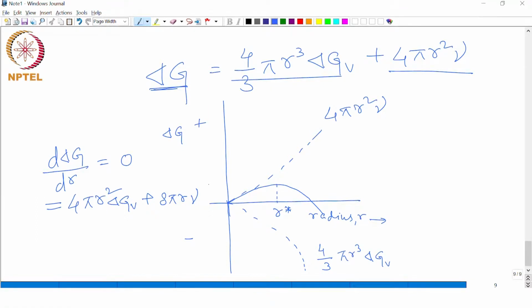So, this is equal to 0, and from here you can derive the critical size of the nucleus, which will come out as minus 2 gamma by delta G V. Okay.